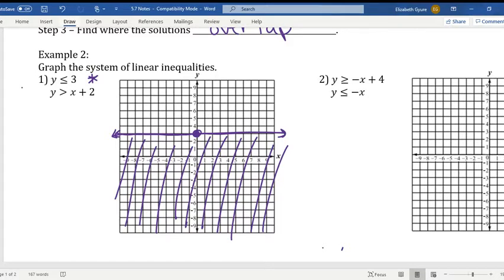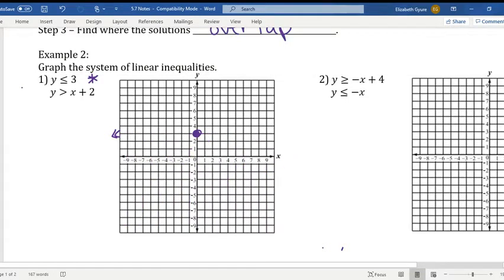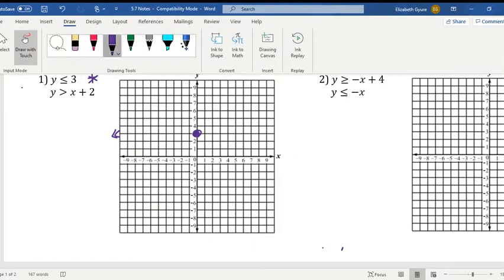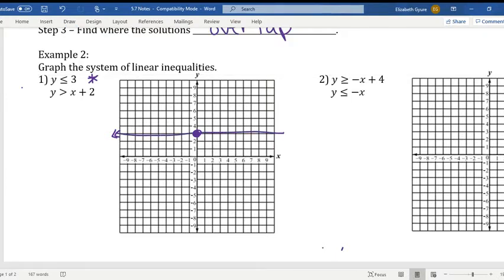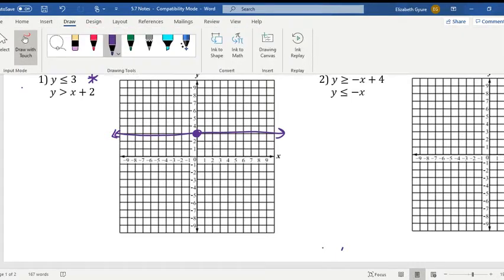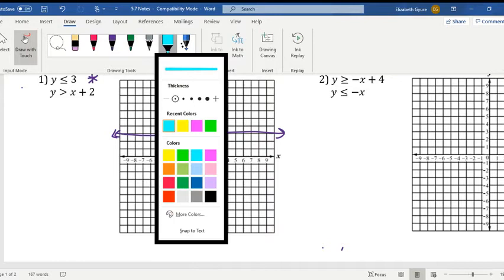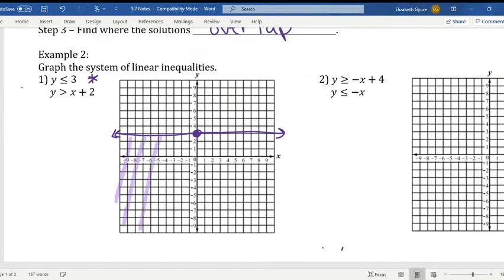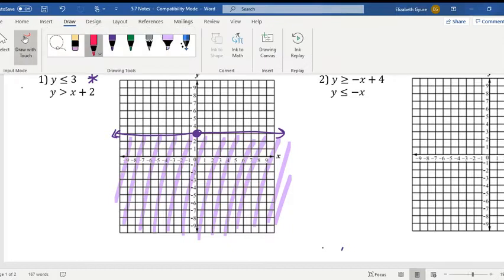I'm going to use my highlighter. I like how that looks better. Oh no, except I erased my line. I got too excited. Okay. All right, so yeah, we shade below.